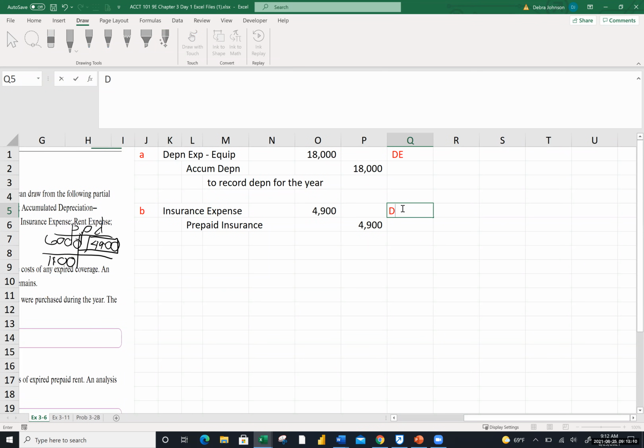And because it affects an expense account, it's a deferred expense. And that is to record the expired insurance for the year. The adjusting process is necessary to follow GAAP's matching principle. We're following the revenue recognition principle, and in this case, in these two, the expense recognition principle.